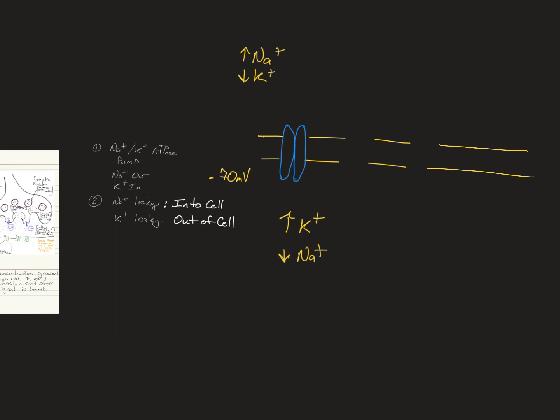All right, so since this is going to be the potassium channel in blue, and let me keep the potassium green like we were doing in the previous color code.